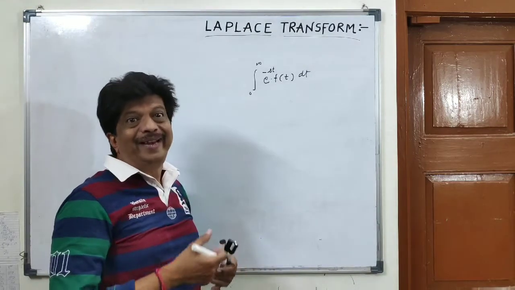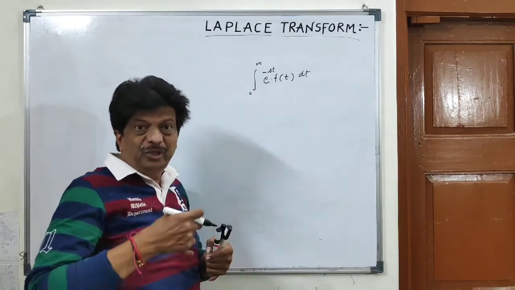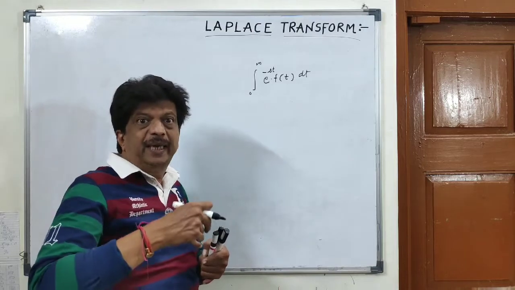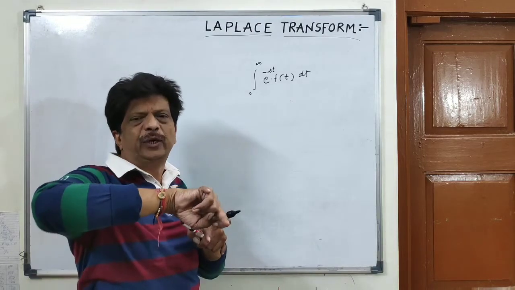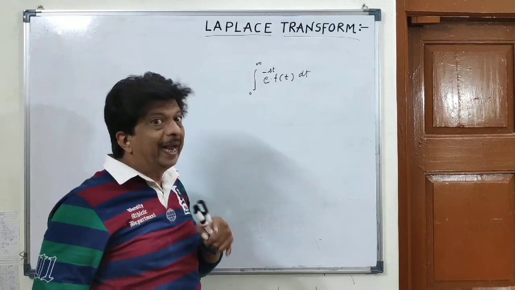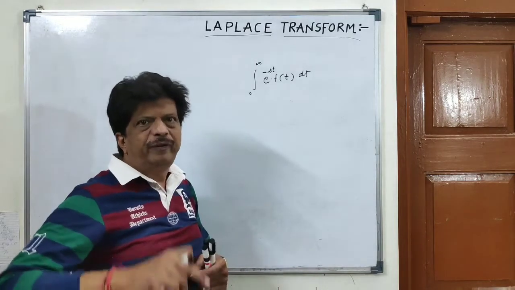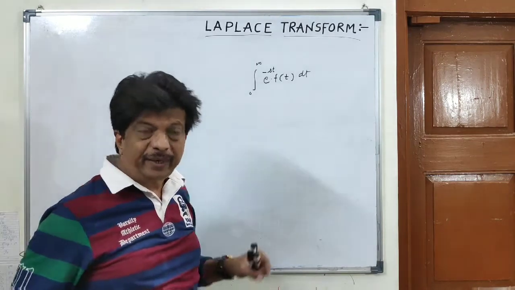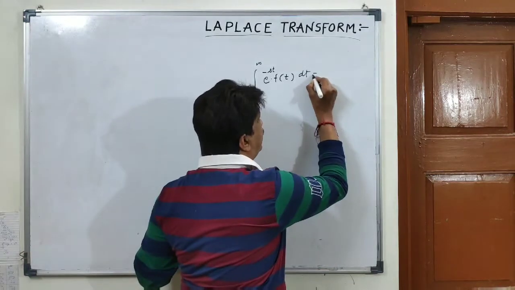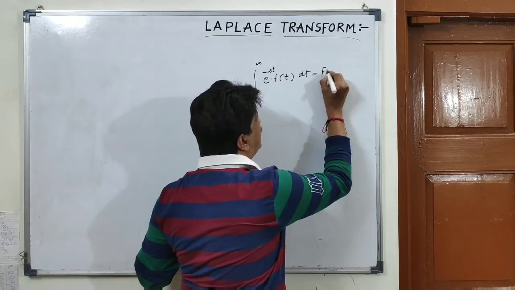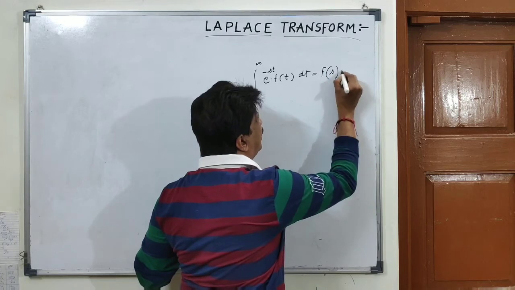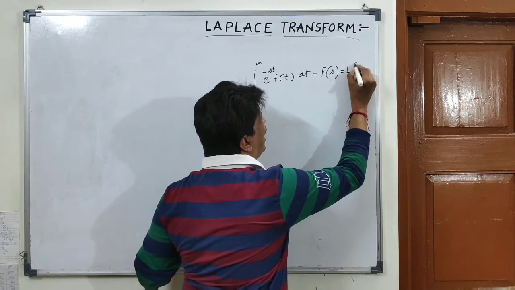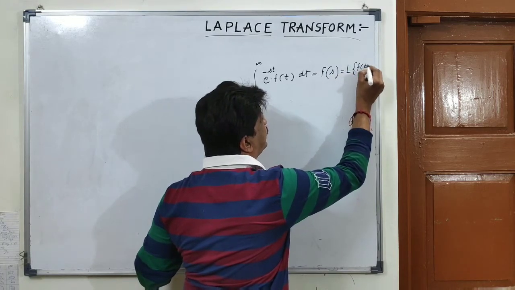This value of the definite integral from 0 to infinity of e raised to power minus st into f of t becomes a function of the parameter s. This is denoted by, say, F of s, and it is called the Laplace transform of f of t.